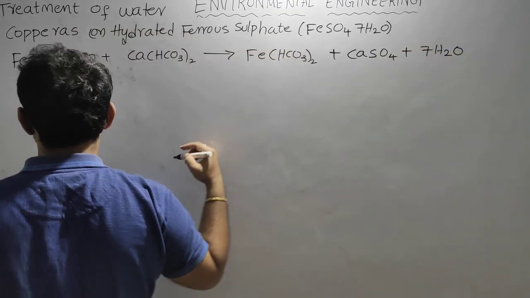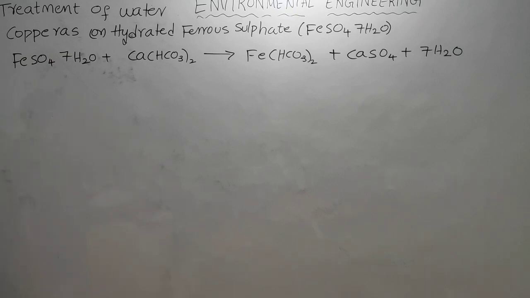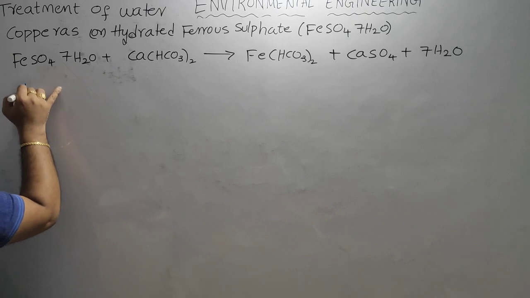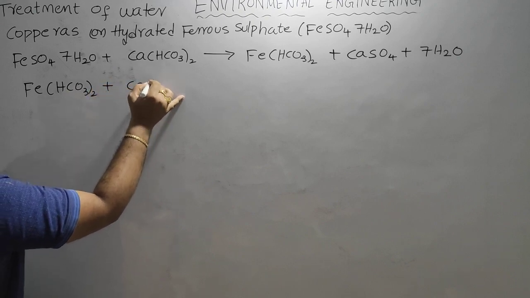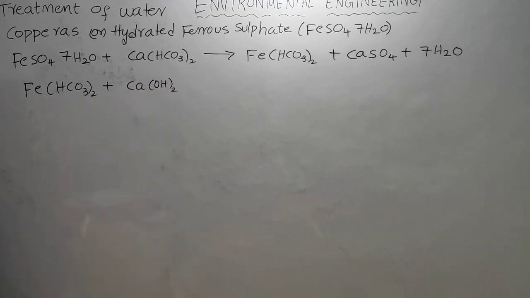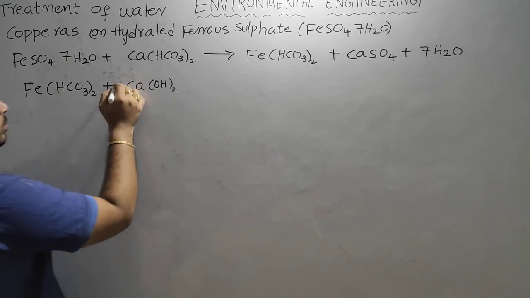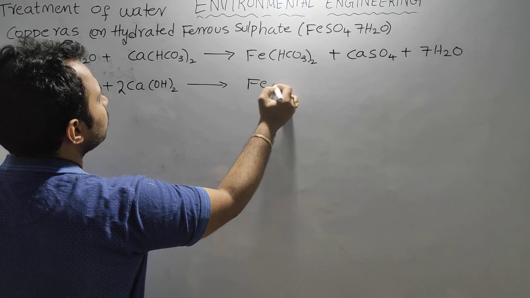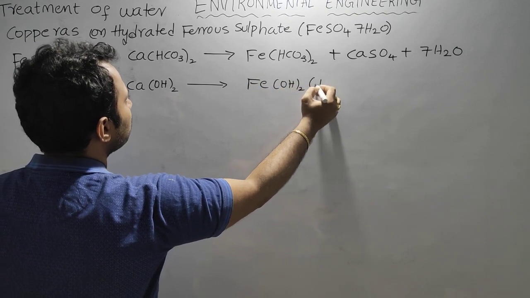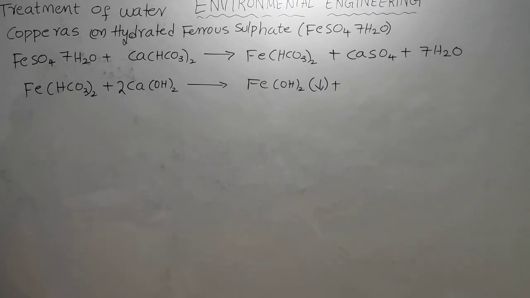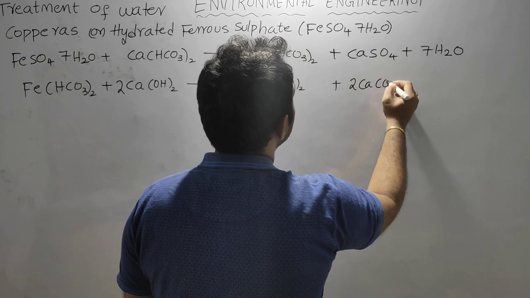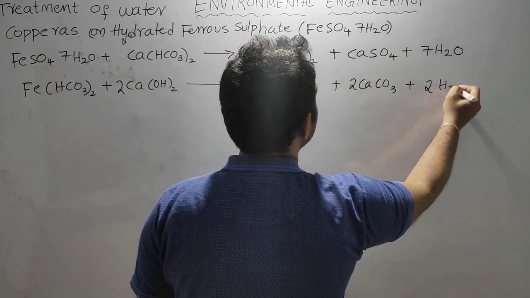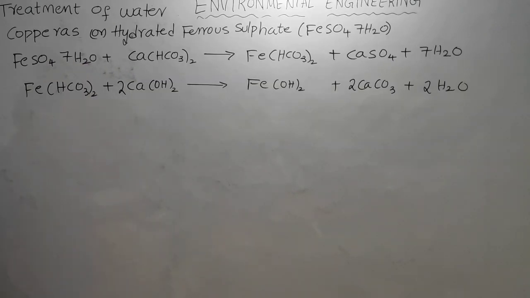Again, this Fe(HCO3)2 reacts with hydrated lime and forms Fe(OH)2, this is the floc, plus 2CaCO3 plus 2H2O; the 2CaCO3 is not floc.